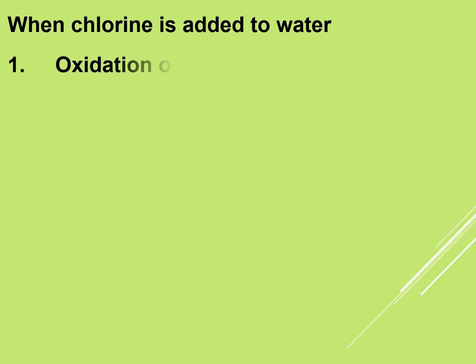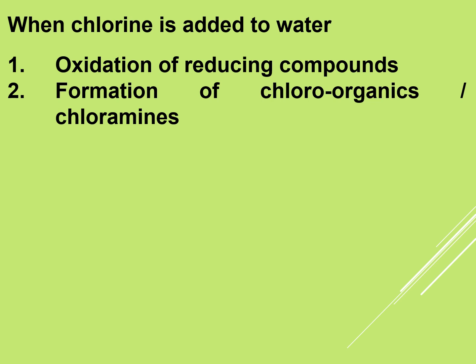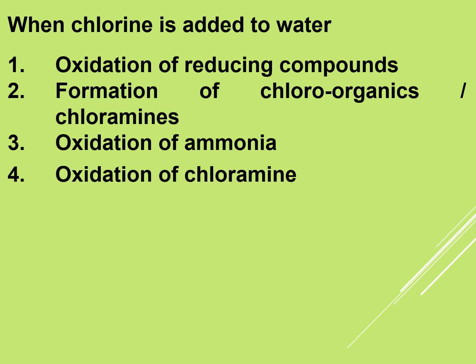So first of all, oxidation of reducing compounds. Many compounds present in water will get oxidized. Formation of chloroorganics or chloramines. Some amino compounds may be present in water, they will form chloramines, and then later oxidation of ammonia takes place, oxidation of these chloramines also takes place.